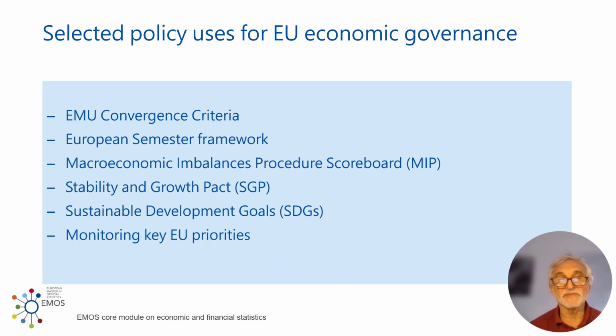Then the European Semester framework, which is basically the economic policy coordination in the European Union, the macroeconomic imbalance procedure scoreboard, which has the goal to identify early on, as an early warning system, if there are economic problems in one of the member countries. The Stability and Growth Pact, which monitors and limits the fiscal space of the governments of the countries.